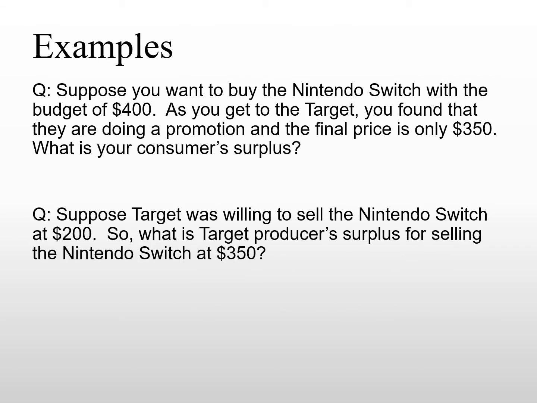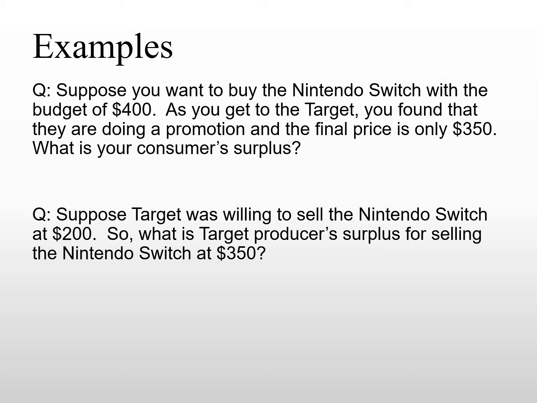But now we have a concept of consumer surplus and producer surplus. You can try to see if this example actually relates to actual conditions. Let's suppose you are trying to buy a Nintendo Switch with a budget of $400. You're planning to pay a maximum price of $400.